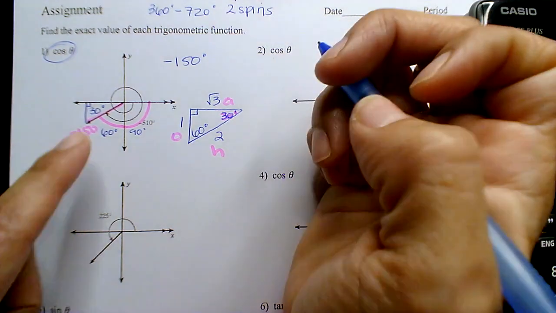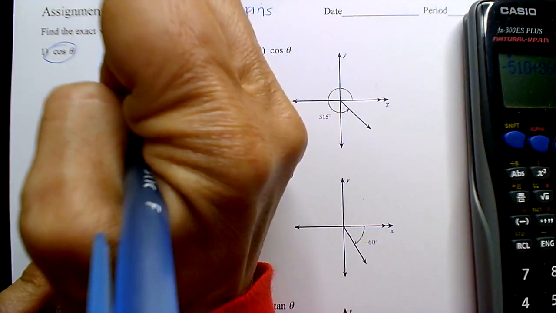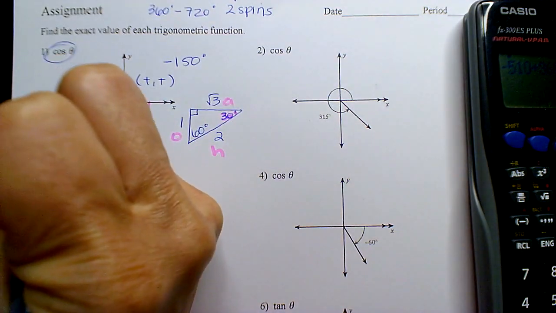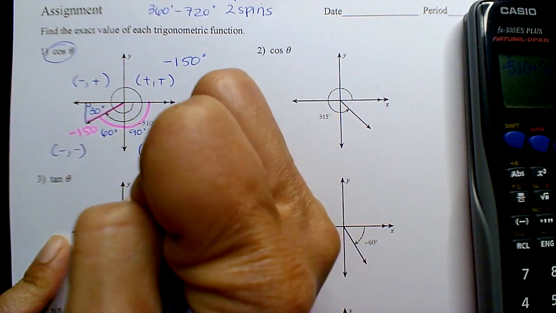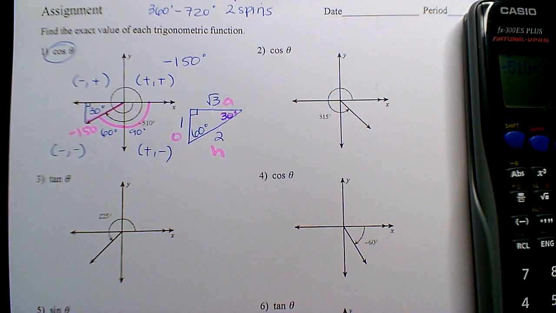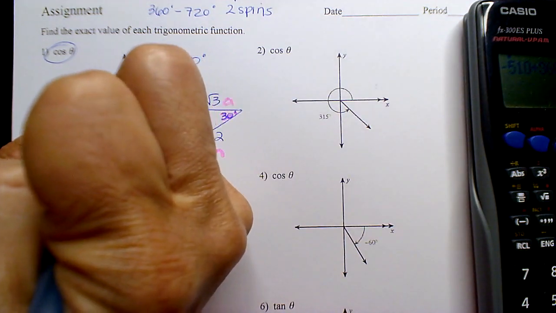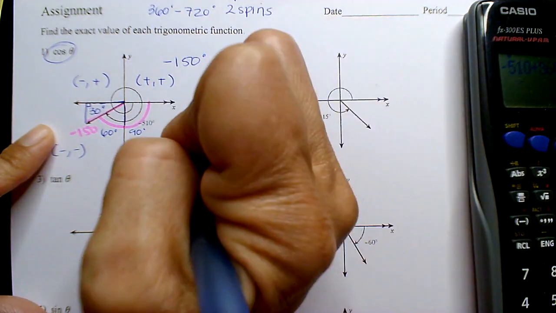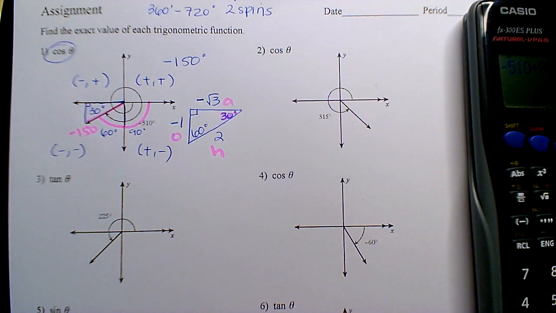The negatives. Remember, if this is positive, positive, this is negative, positive, this is negative, negative, this is positive, negative. So I'm going back on the x-axis and down the y-axis. So rad 3 is negative and 1 is negative.